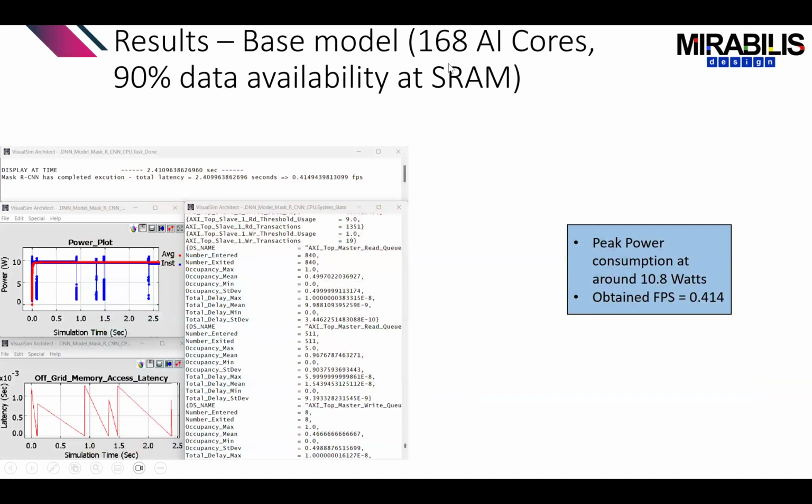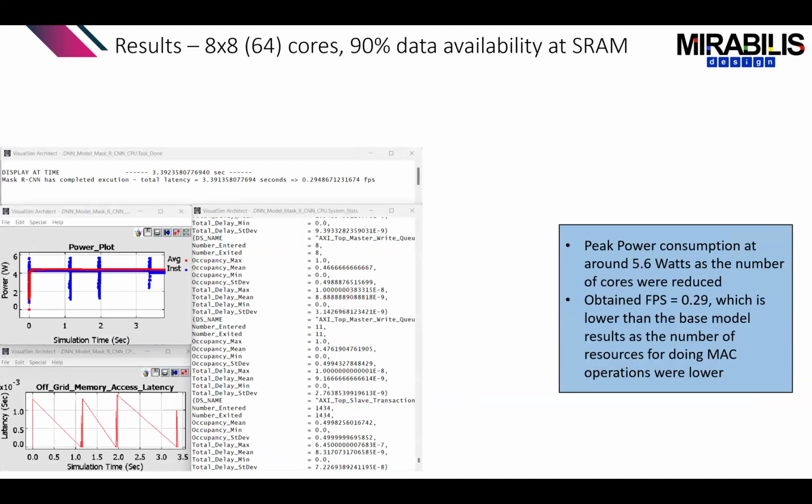So for example, here, I've got 168 AI cores and 90% of the data is on the SRAM. So only for 10% does it have to go outside. You notice the power consumption is about 10.8 watts. The number of frames per second was about 0.414. Now we reduced the number of cores and still kept the 90%.